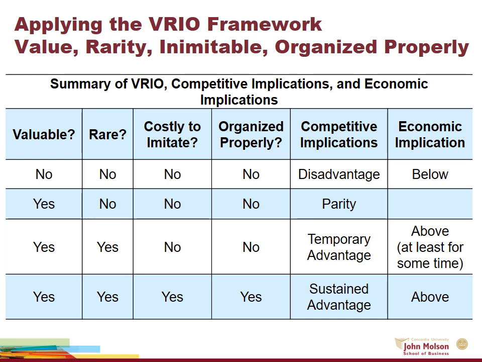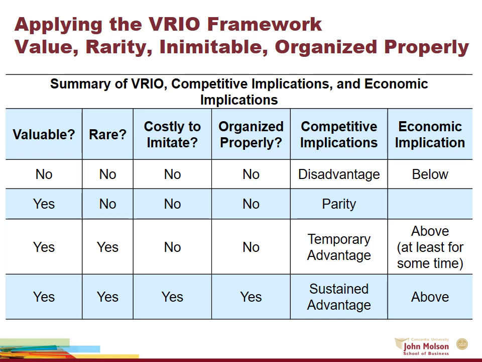So an organization should, on a regular basis, look at its internal environment, look at its strengths and weaknesses, and look at assessing the resources and capabilities, and ask whether or not the valuable resources and capabilities provide a competitive advantage. So ask, is this resource valuable? Is it rare? Is it costly and or difficult to imitate? And is it organized properly?